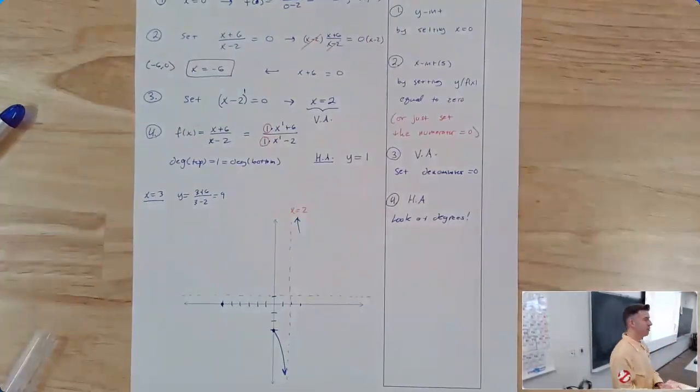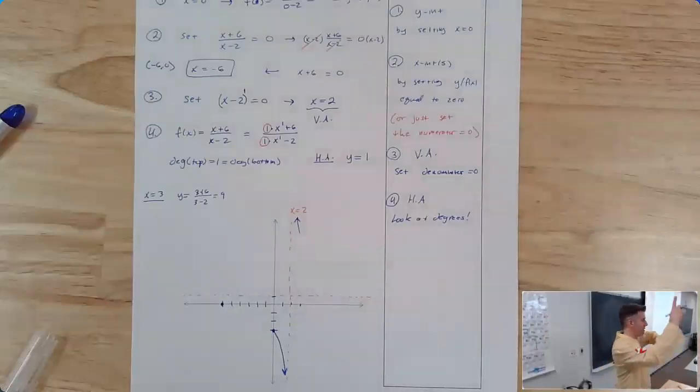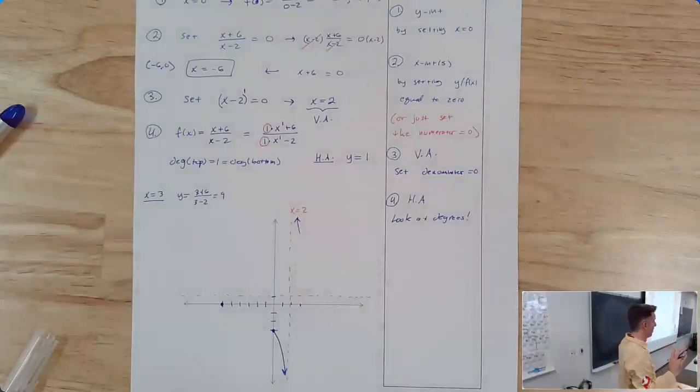When vertical asymptotes have odd multiplicity, they do the opposite thing on either side. On the other hand, we'll see an example where if they have an even multiplicity, they do the same thing. It's kind of like how when intercepts have an even multiplicity, they bounce, and when they have an odd multiplicity, they cross. It's a similar-ish idea, but again, it's probably easier just to pick another point. That's what I would probably do.